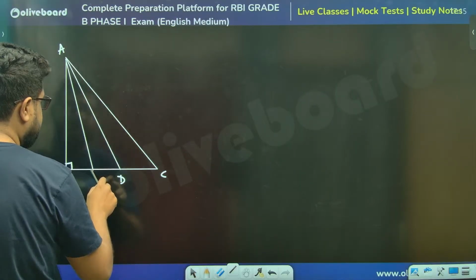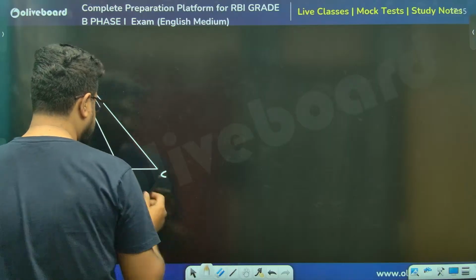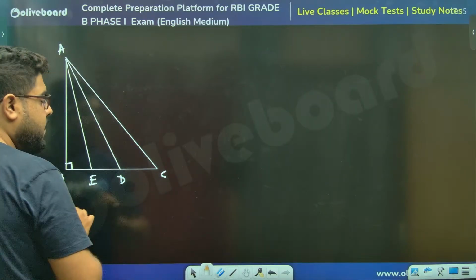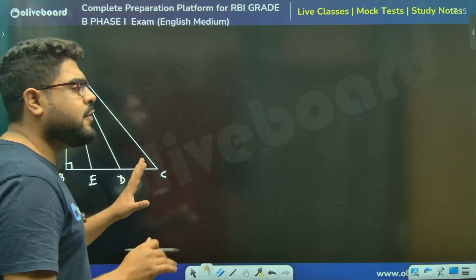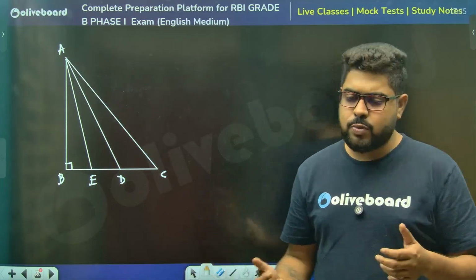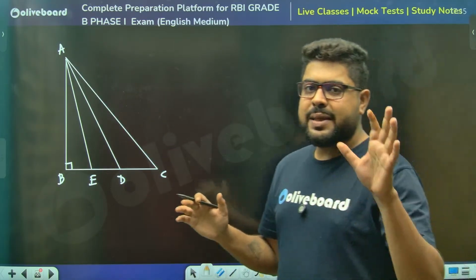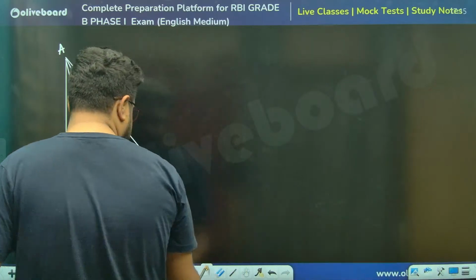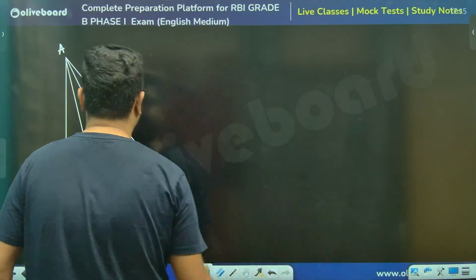Let's take another line like this, and let's say this is E. Now, the basic way of solving, if you are not understanding how to move forward, the best way to think about these questions.